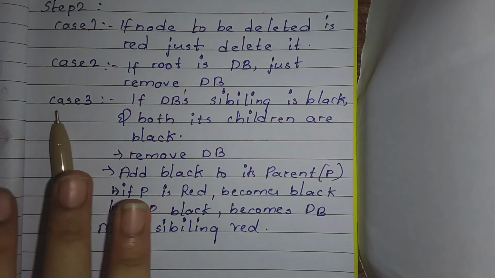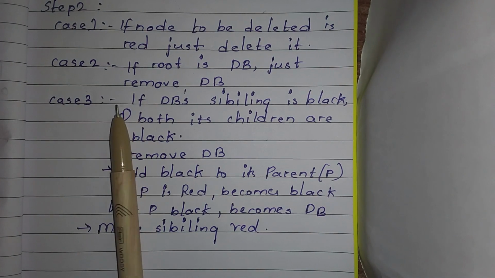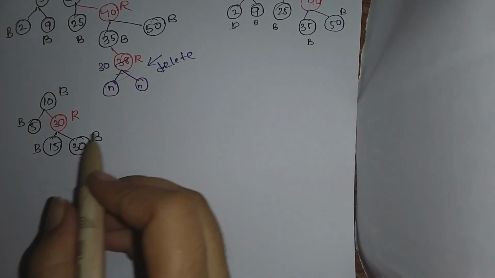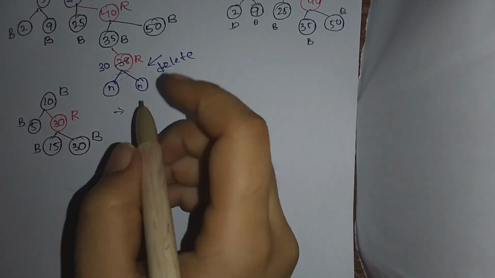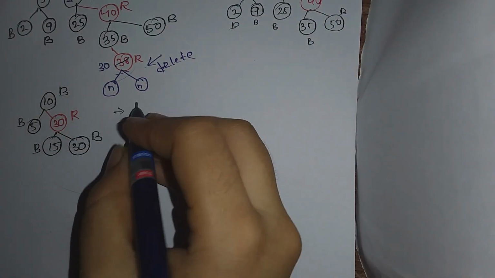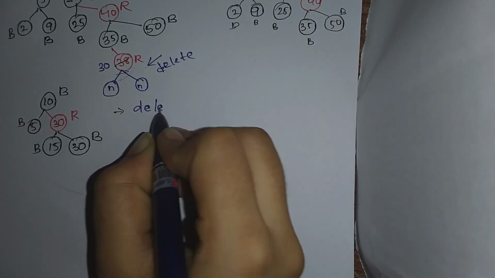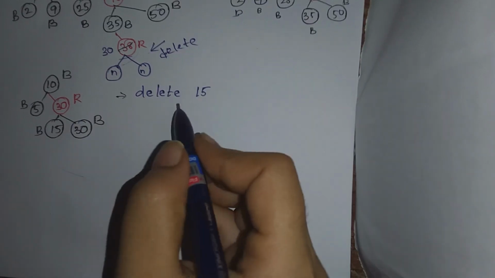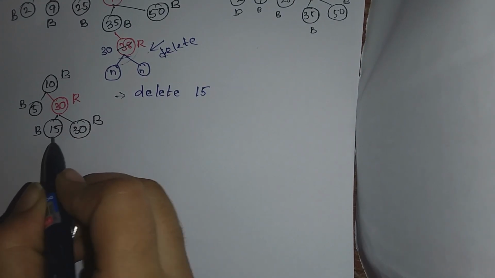So when does a double black occur? If we consider this example, from this example we are going to delete a black node. Say we delete 50. So delete 50 means check the color of the node.